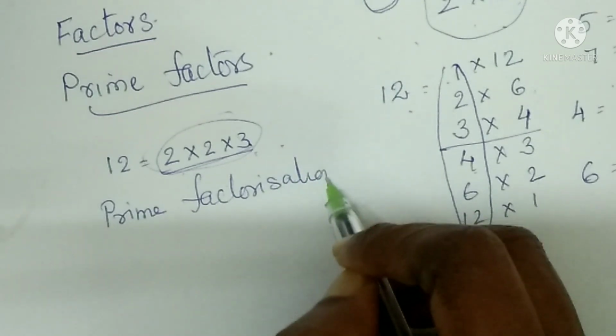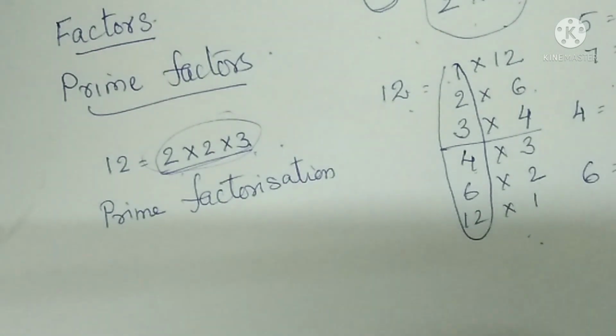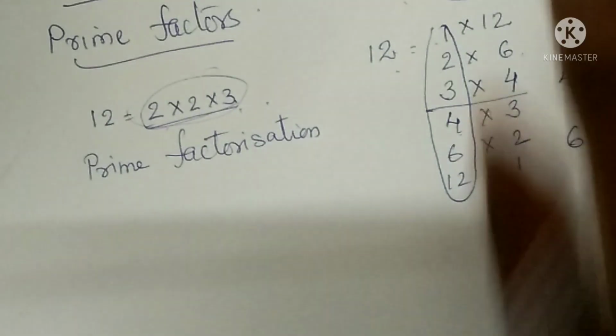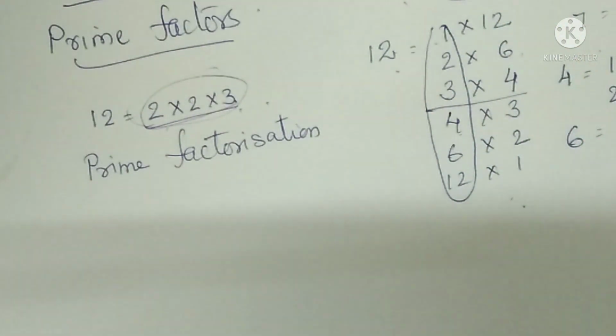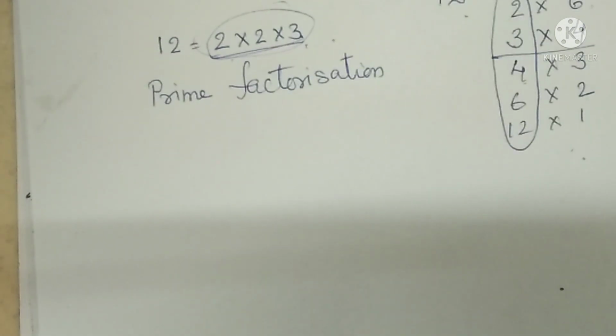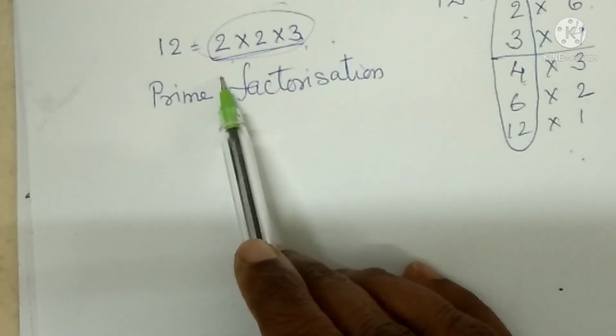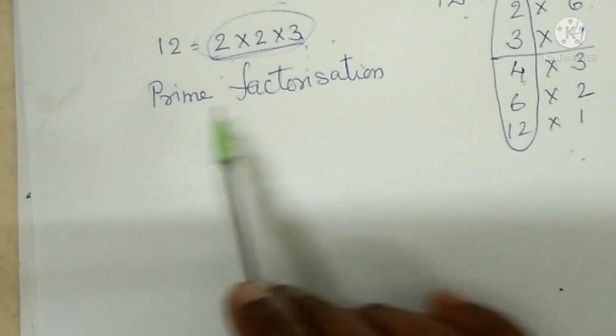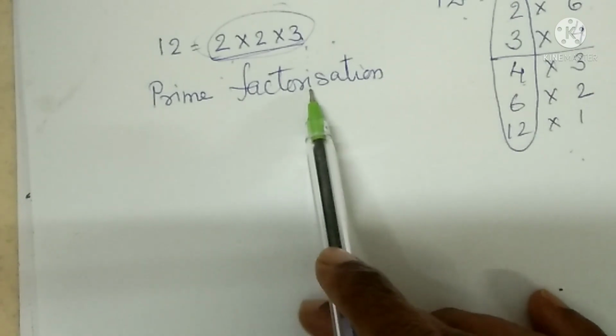Factorization, as you all know, is the process of reducing a number into its factors. Writing a number as the product of its factors is called factorization, and when you write any number as the product of its prime factors, it is called prime factorization.